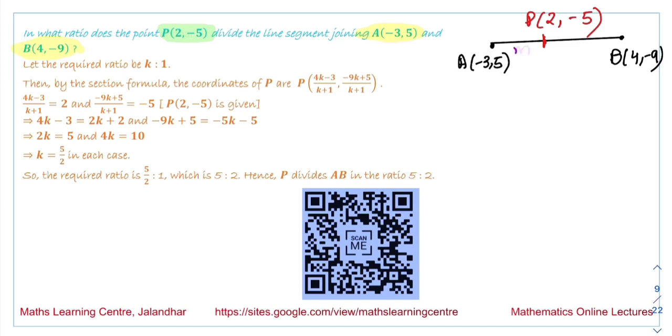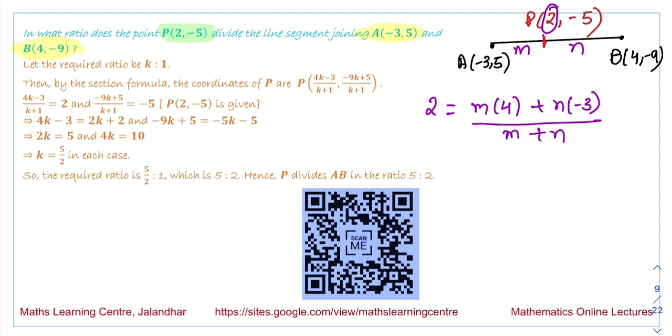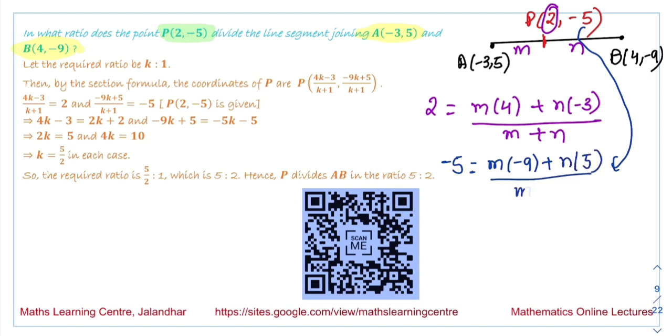Suppose this point divides it in the ratio m is to n. So what we will have is that this 2 will be equal to m into 4 plus n into minus 3 over m plus n, and this value minus 5 will be equal to m into minus 9 plus n into 5 over m plus n.